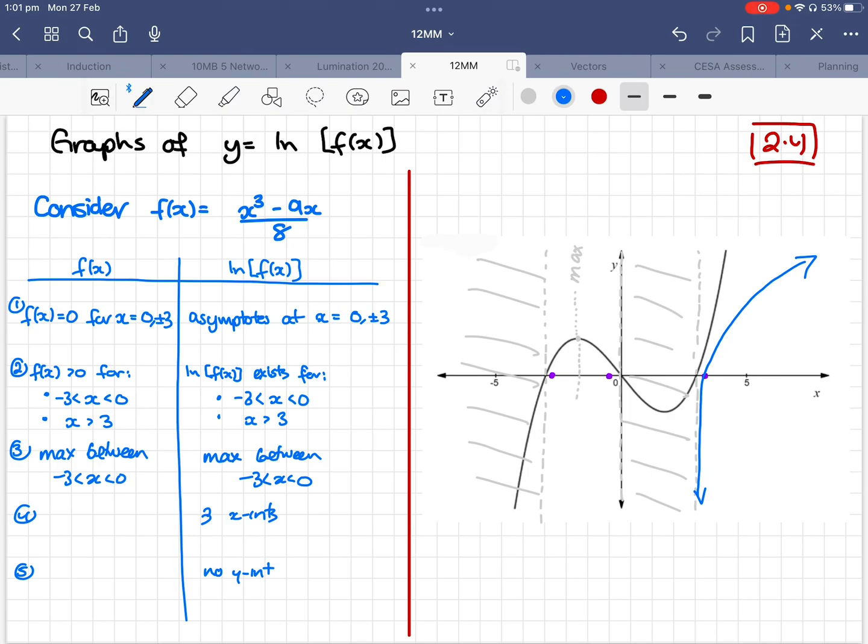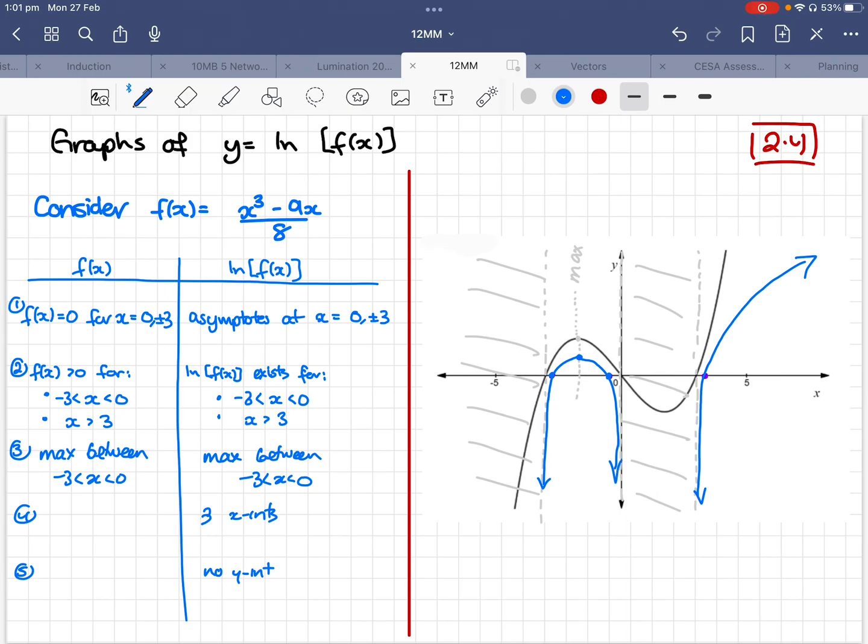For this section in the middle, we know we're going through these 2 points here. We've got a maximum kind of there-ish, and we've got vertical asymptotes as well. So our graph is going to look a little bit like that.